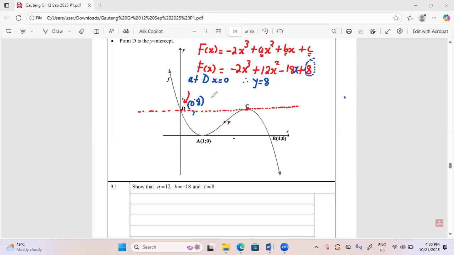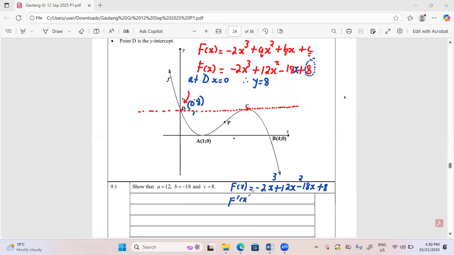How can I find the coordinates of C? C is the turning point, and we all know that to find the coordinates of the turning point, we must do the first derivative. So I'm going to take f of x, which is negative 2x cubed plus 12x squared minus 18x plus 8, and do the first derivative.